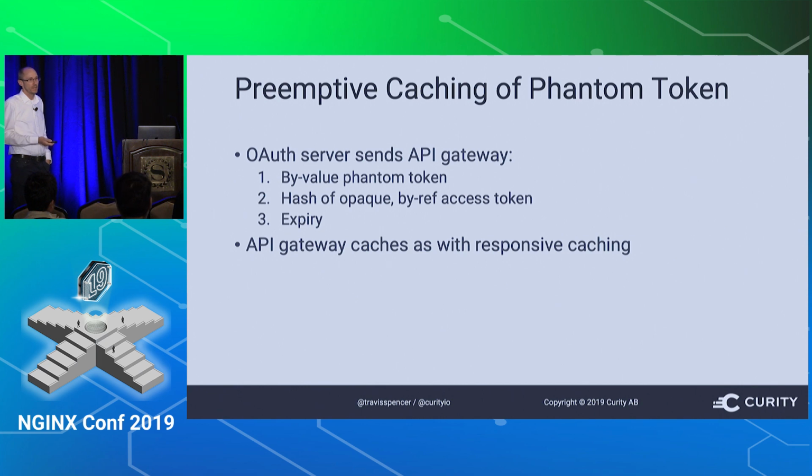So this inevitably creates a race condition where maybe the cache isn't loaded yet. In that case, we'll just make a call over to the Curity server, the same as we would do with responsive caching. This one's pretty obvious and pretty easy to do actually with a server like Curity's that can fire events and just call over, get that and store it.